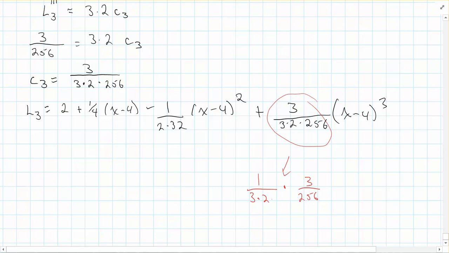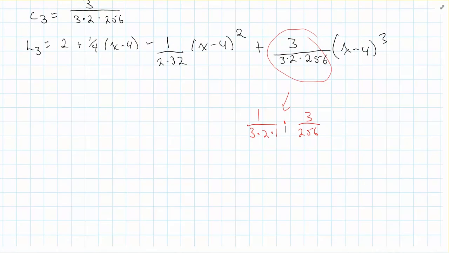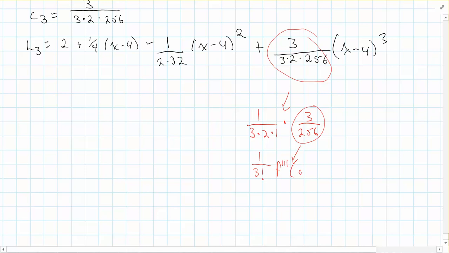I'm going to say, wait a minute, what if I did 3 times 2 times 1? Have I changed anything? Hopefully you all agree we haven't. But what did we notice here? Well, wait. 3 times 2 times 1, this is actually 3 factorial. And then what is this term here? Well, that was just simply f triple prime evaluated at a.